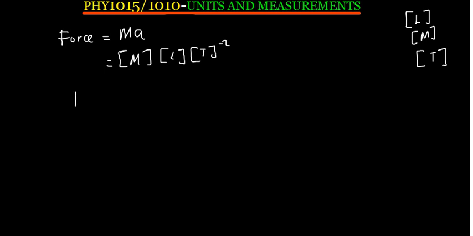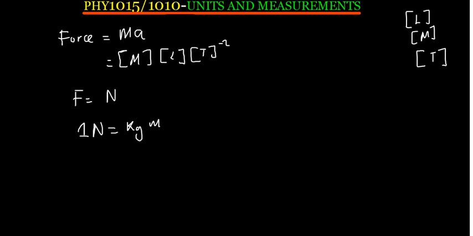So these are the dimensions for force. We know that the unit for force is what? A newton. That's the unit for a force. This means that 1 newton, which is the unit for a force, this comes in multiple choice. 1 newton is the same as, what is the unit for mass? It is a kg. What's the unit for length? It is a meter. What's the unit for time?